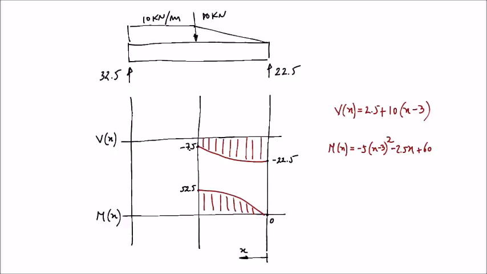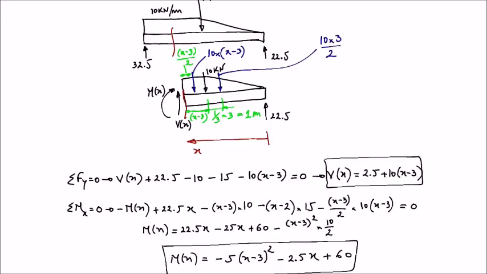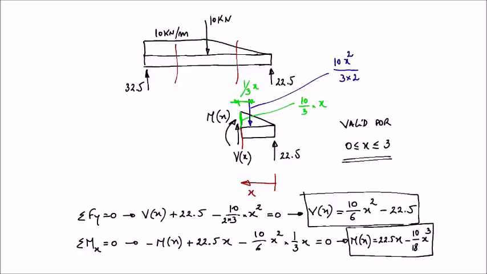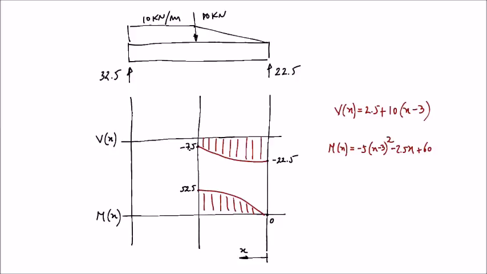So if I replace x by 6 in the bending moment equation, we get bending moment equal to 0, as expected, because at point A the bending moment should be 0.